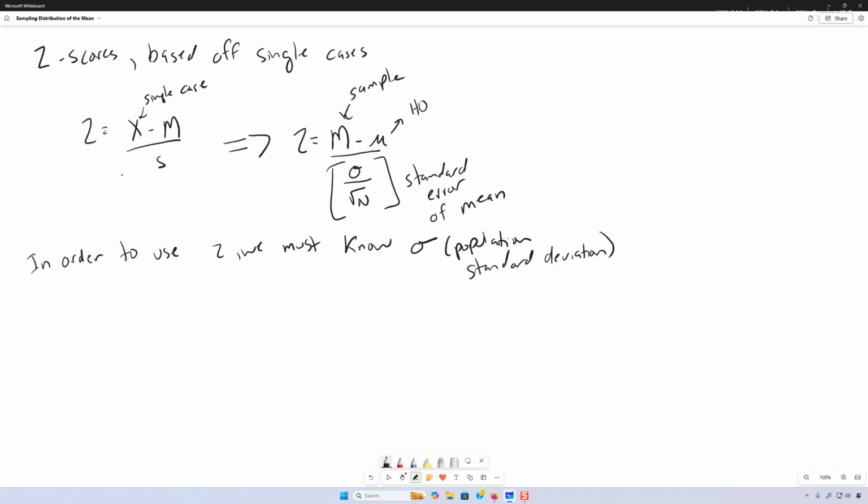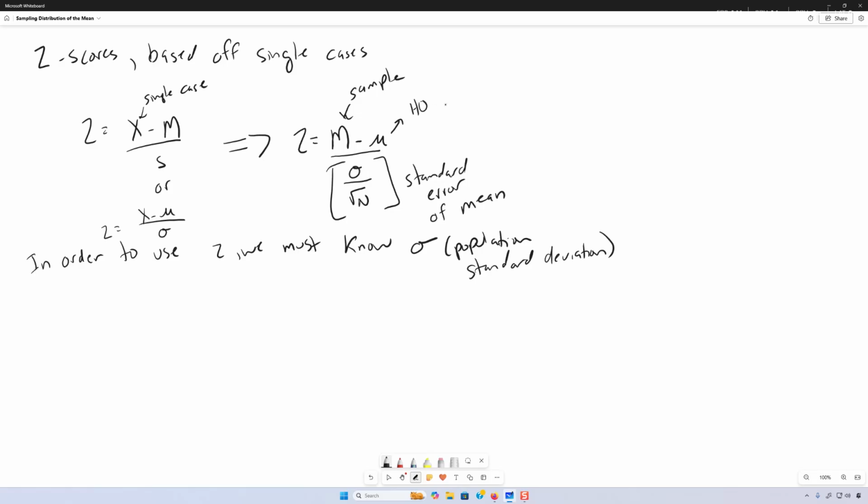Okay, so we went from a single case x minus M, or if you want to talk about the population, it could have been x minus mu over sigma, right? These are the same. This is a sample. This is a population. We went from the single case example to what if we have a mean? Can we compare a mean to a population?